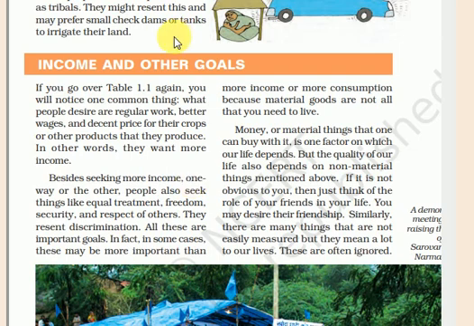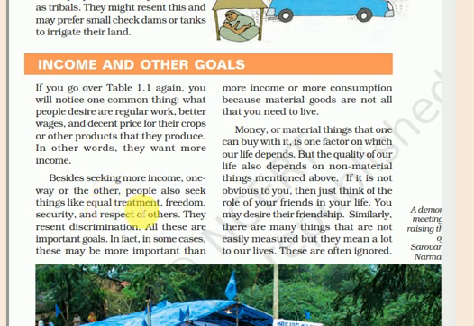As we have read in the table, people require regular work, better wages, decent price for their crops and other products. This kind of requirement they need for their development. So besides income, what other things do they require?